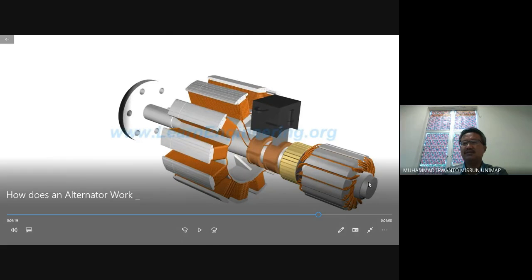Because the rotor of the synchronous generator is coupled to the rotor of the DC generator to produce the DC current, and then the DC current will be connected to the rotor winding of the synchronous generator.